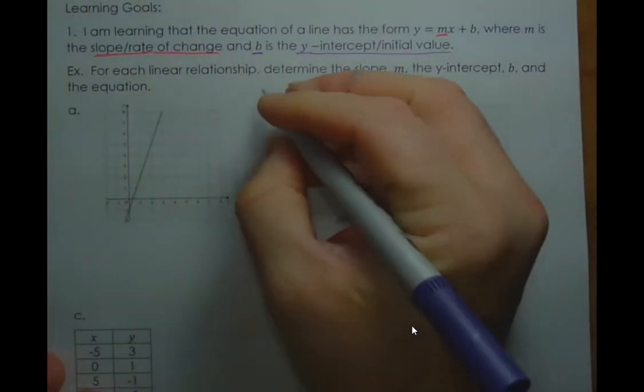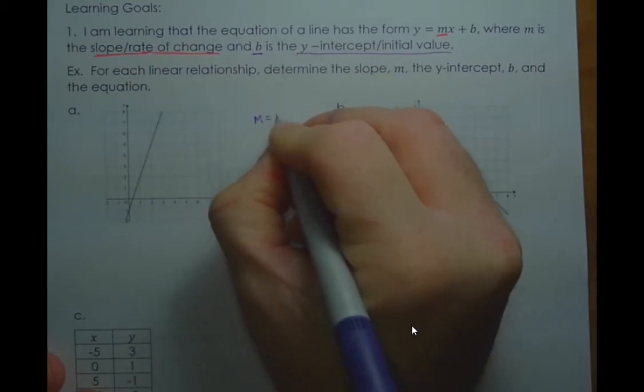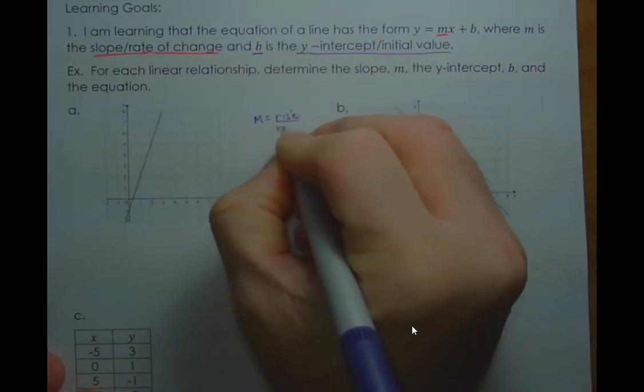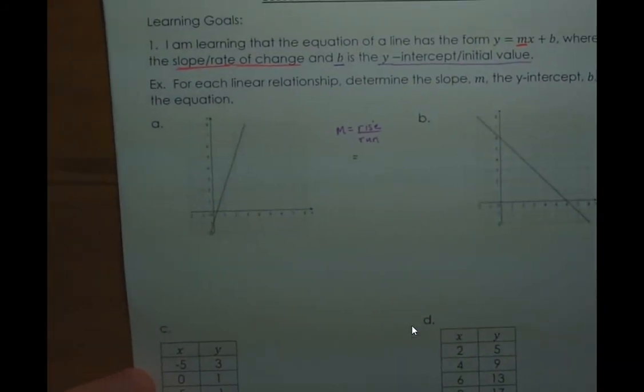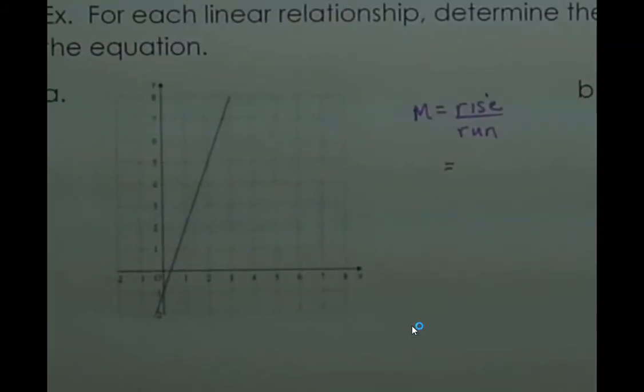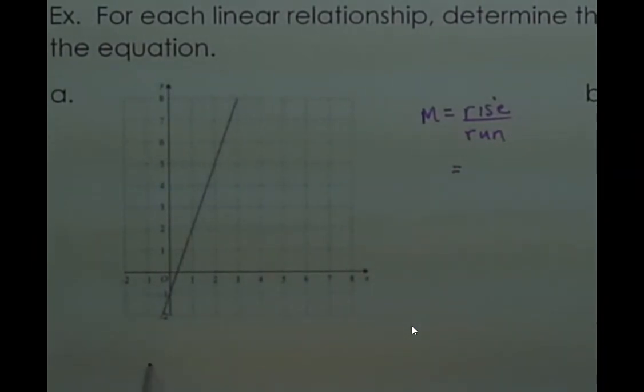Well, the first thing we have to do is find the slope, and we know that that is rise over run. Well, we have to look at this graph, and I know that's kind of hard to see, so I'm going to zoom in here. When you're picking these things, you need to pick 2 points.